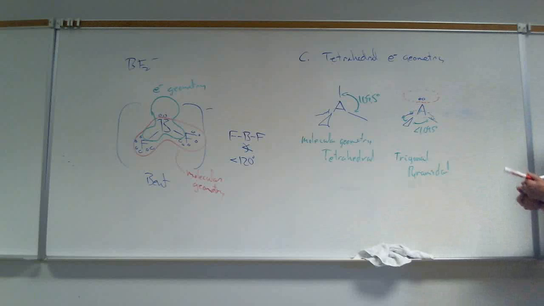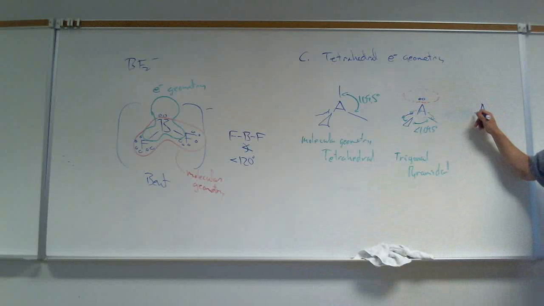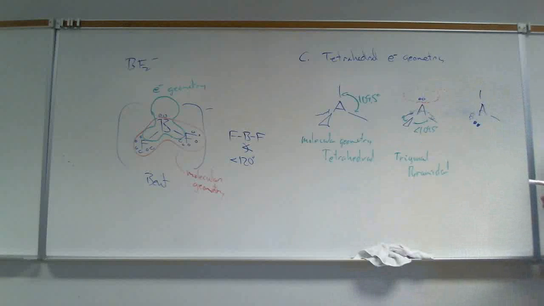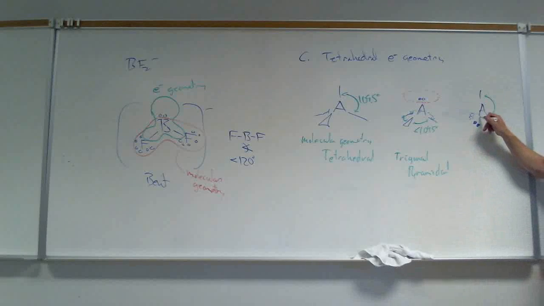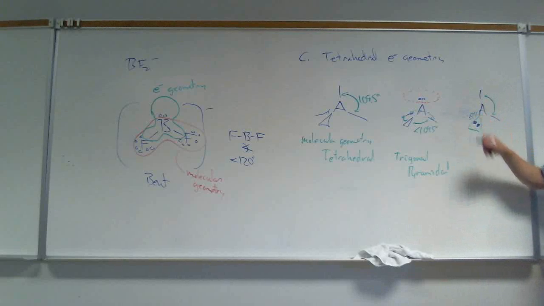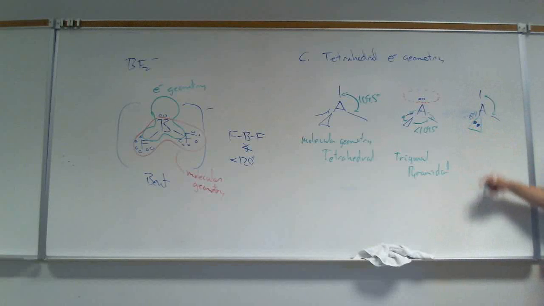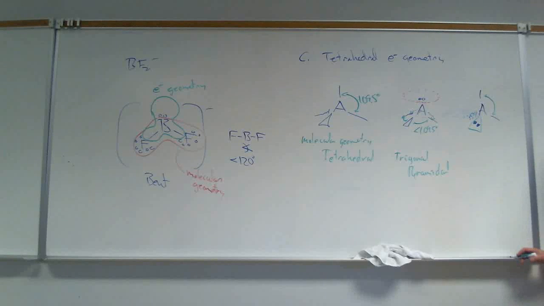Sometimes we have two lone pairs. When we have two lone pairs, this is the way we draw it. One lone pair goes in, with the dash, and the other lone pair comes out, with the wedge, and that leaves these two bonds here. What did you draw again?